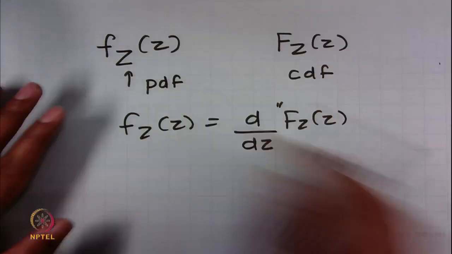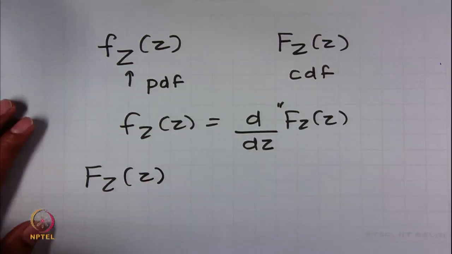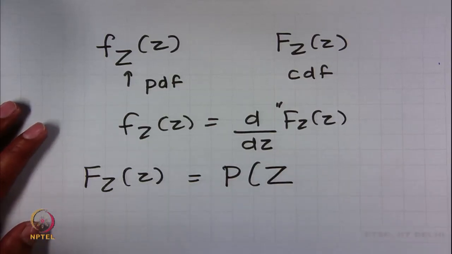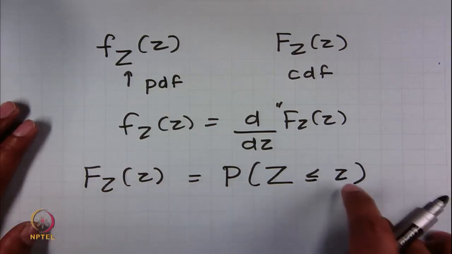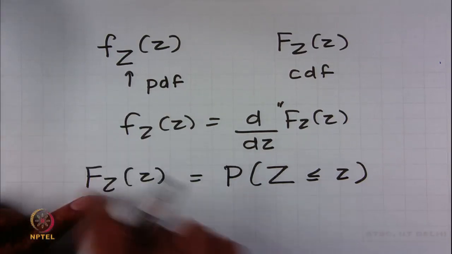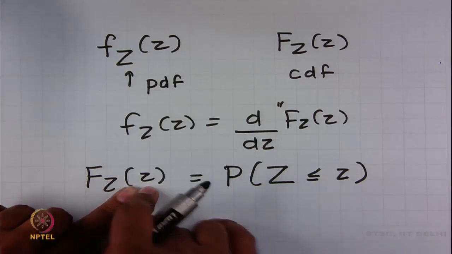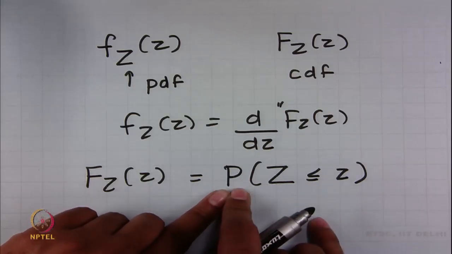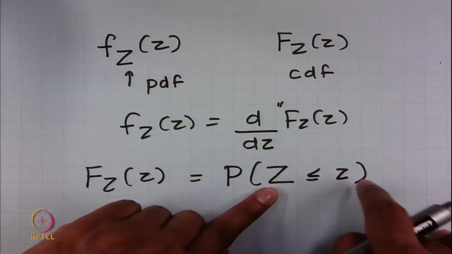And what is the CDF of a random variable? The CDF of a random variable is by definition the probability that the random variable takes a value less than or equal to the numerical value in question. So, for example, if I want to find the CDF of random variable z at the numerical value z, it can be easily obtained by looking at the probabilities with which this random variable z takes a value less than or equal to the numerical value z.